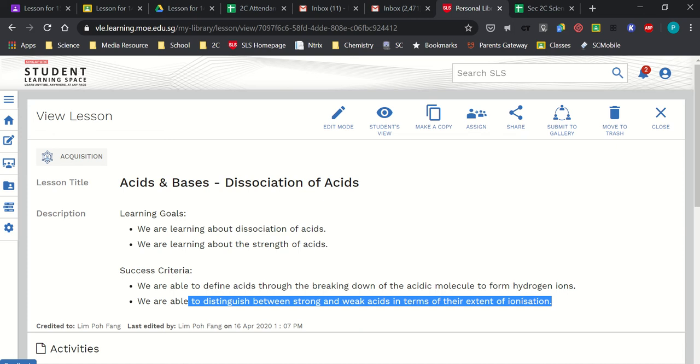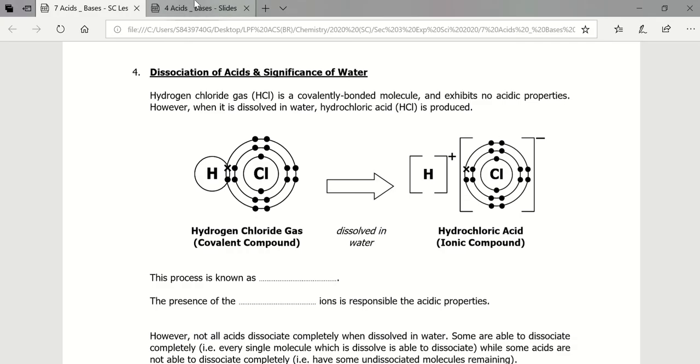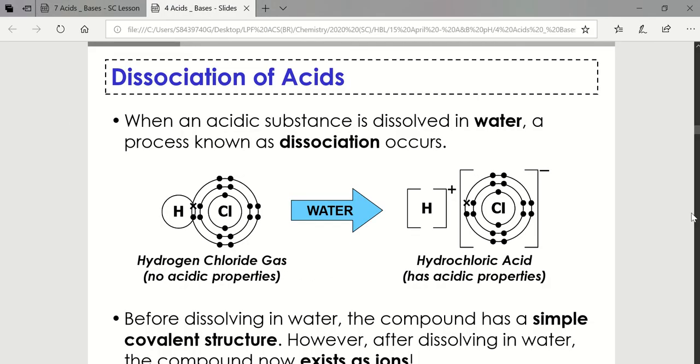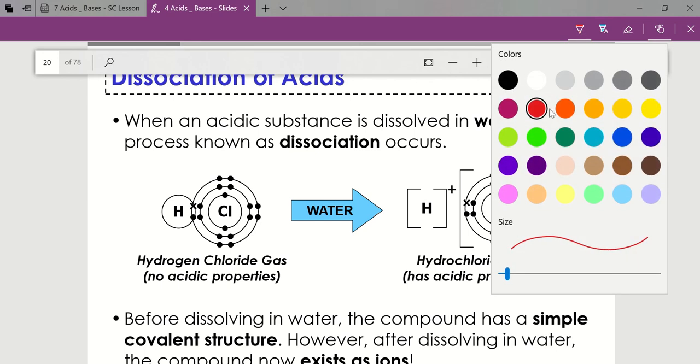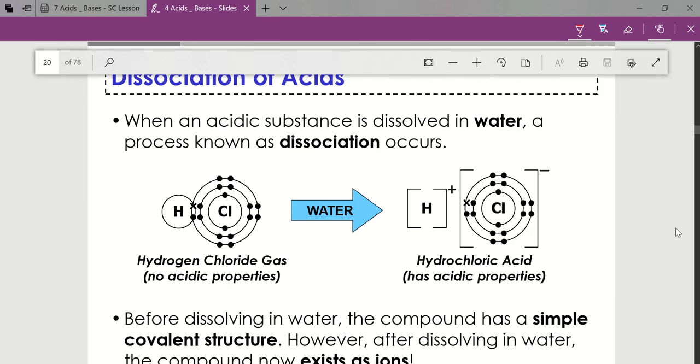Okay, so let's start. All right, so our context that we're looking at, our example is hydrogen chloride gas. This is the same molecule that we saw at the beginning of the chapter. So before hydrogen chloride gas was dissolved in water, it exists as a molecule. Okay, so as a molecule, there are no ions.